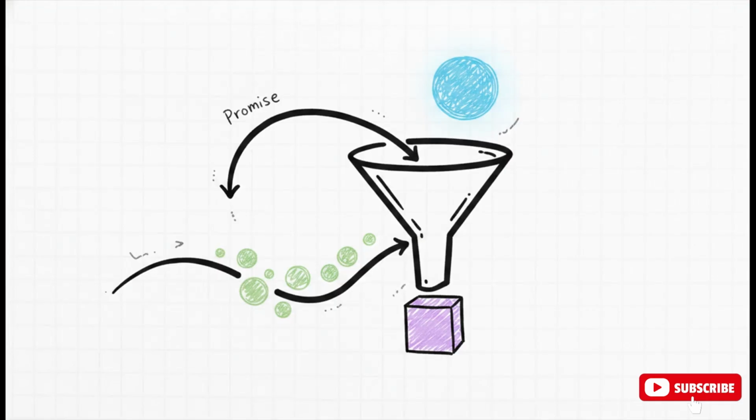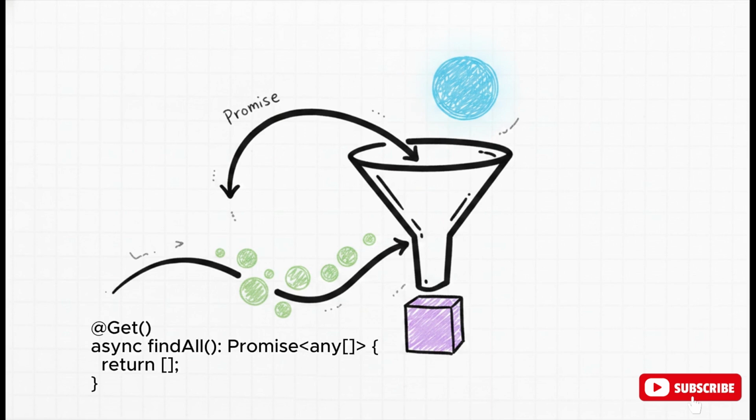A good receptionist doesn't just freeze up and block everyone else waiting in line, right? They multitask. Because NestJS embraces modern JavaScript, it is built from the ground up to handle asynchronous data effortlessly. Every single async function you write in your controller can return a standard JavaScript promise. Nest is smart enough to recognize that deferred value and will resolve it automatically before sending the response.